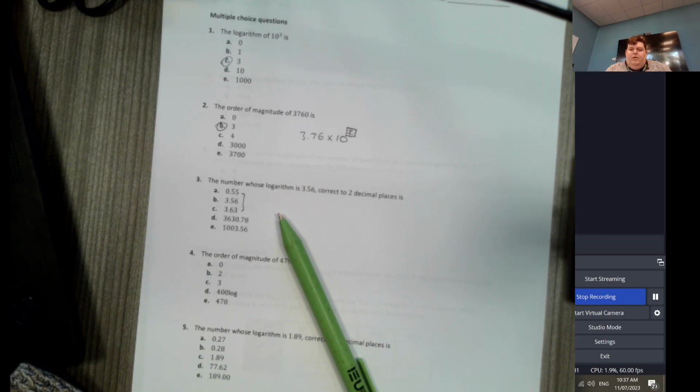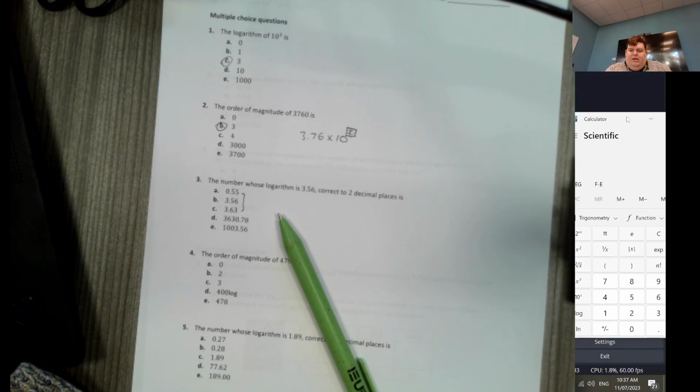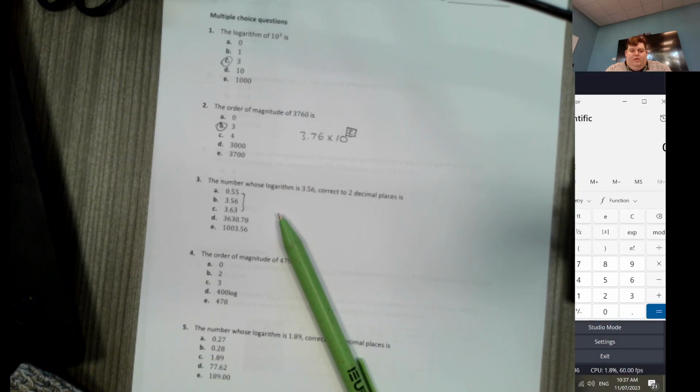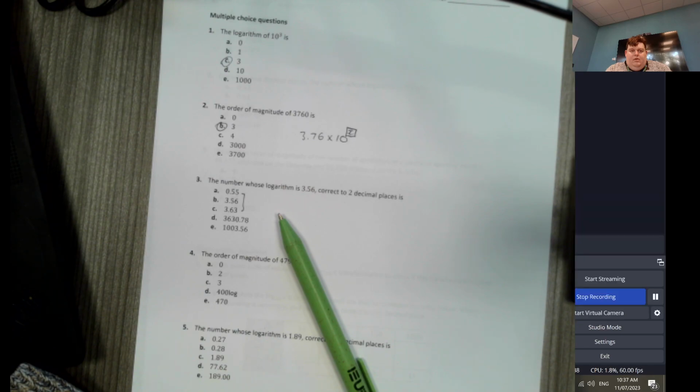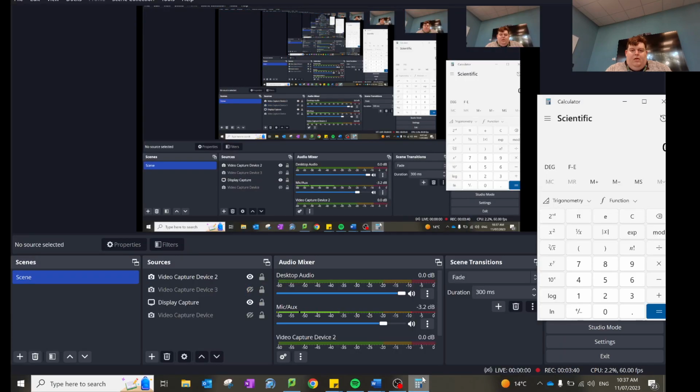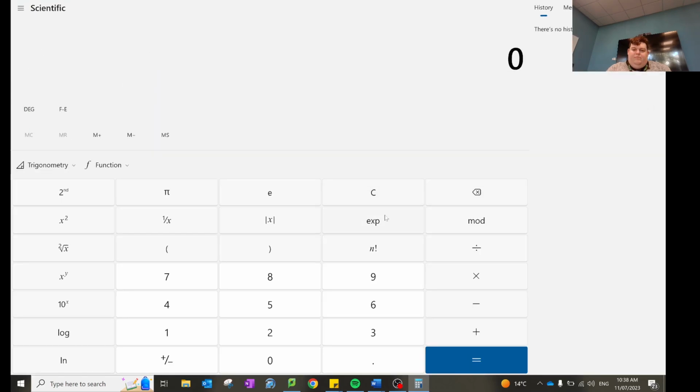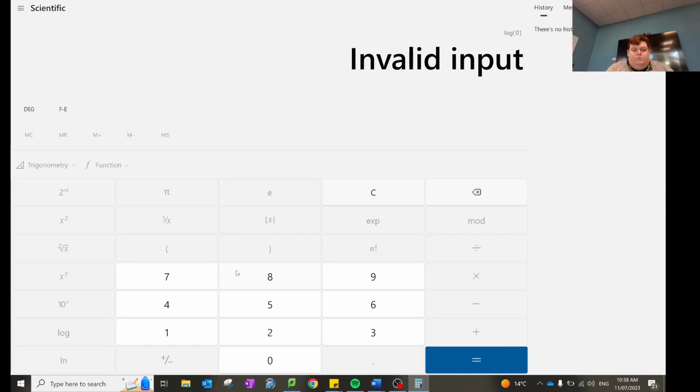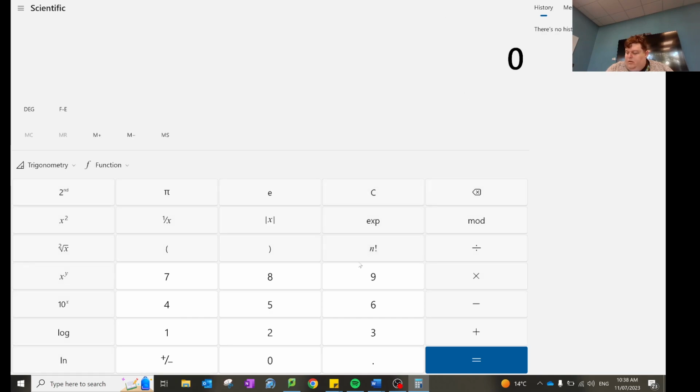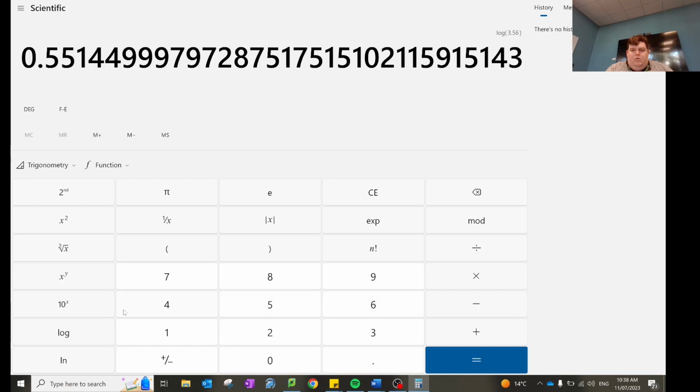Okay, anyway, so it's probably hard to see because I've got this one over the top. What I'm trying to do, I'll just make this full screen, is I want to find out the log. Okay, it doesn't work that way. I guess I have to put in my number first. 3.56 log.